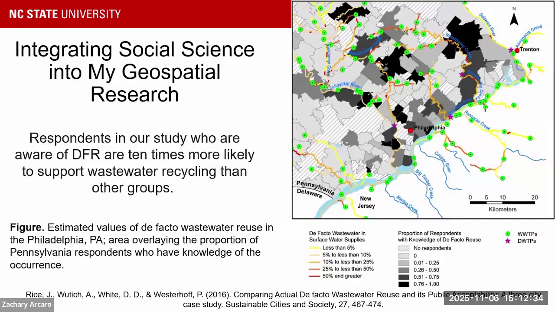We identified 3 cities across the United States: Philadelphia, Pennsylvania, Atlanta, Georgia, and Phoenix, Arizona. We created a survey that asked respondents, are you aware of de facto reuse? We didn't use the term de facto reuse, but we explained this occurrence of treated wastewater going downstream.